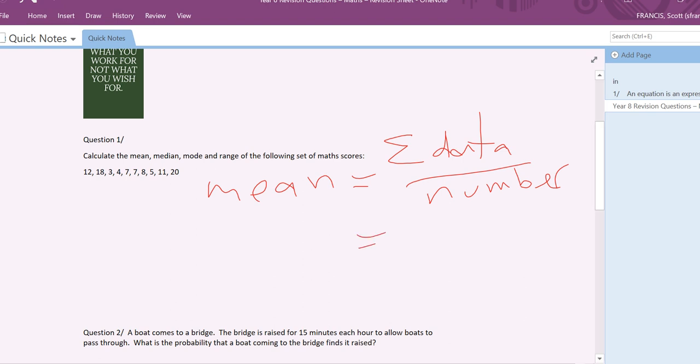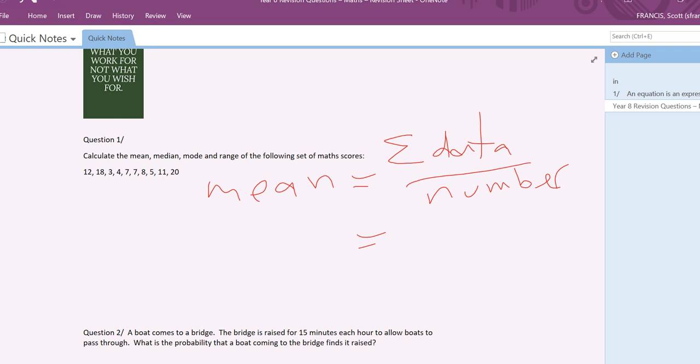12 and 18 are 30, and 3 is 33, and 4 is 37, and 7 is 44, 51, 59, 64. Actually, I might just be a little bit careful here and use a calculator. So we've got 12 plus 18 plus 3 plus 4 plus 7 plus 7 plus 8 plus 5 plus 11 plus 20.